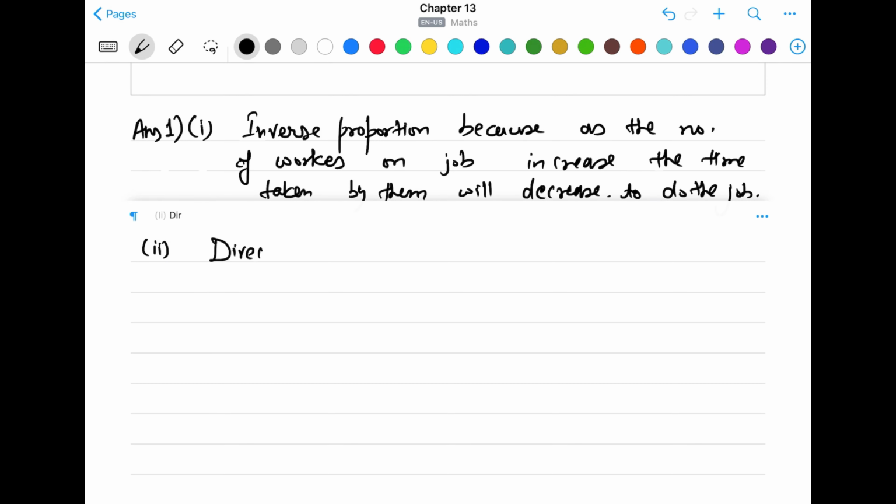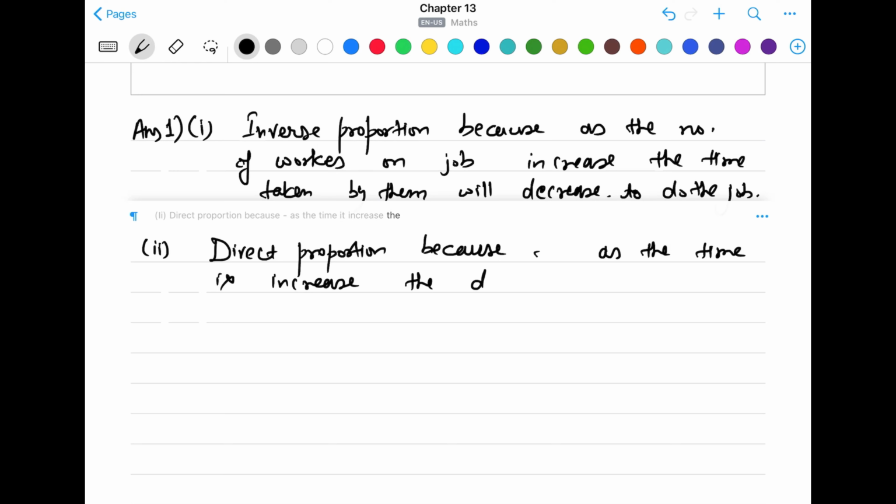So we'll write direct proportion, because as the time is increased, the distance traveled will also increase, if the vehicle is moving in uniform motion, if the speed is uniform.